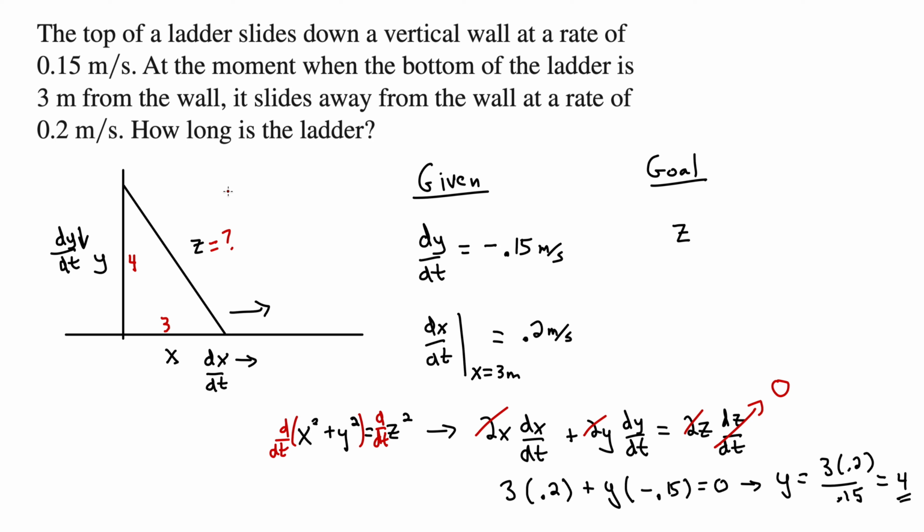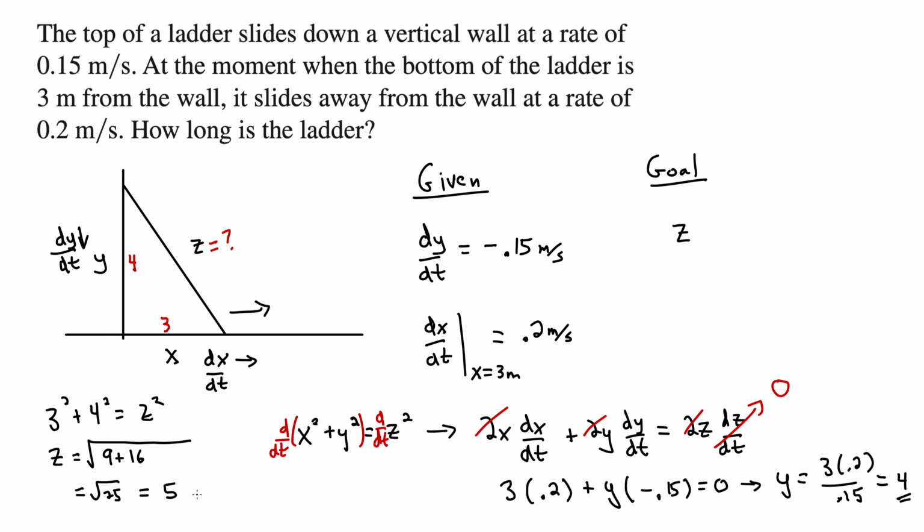Well, now we're just back to good old Pythagorean theorem again. x squared plus y squared, so we have 3 squared plus 4 squared equals z squared. So z is going to be the positive square root, because we're only interested in positive distances here, of 9 plus 16. Well, how nice. Square root of 25 is indeed 5.